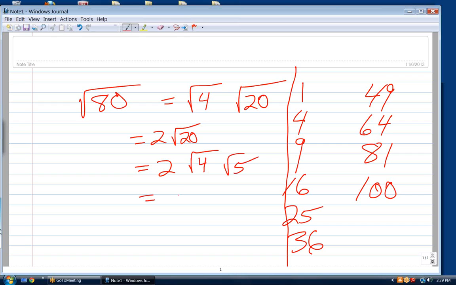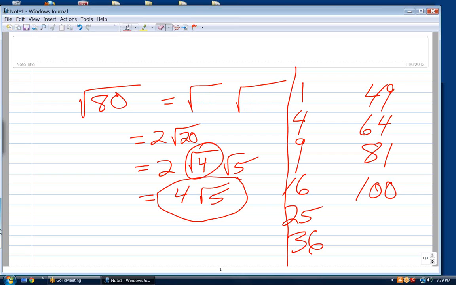Okay, so now this becomes 4 root 5, right? Because this becomes a 2. 2 times 2 is 4. So I get to the final answer even though I didn't find the maximum factor. Had I seen that 16 is a factor of 80, I could have done it more directly and gotten immediately to this step here.